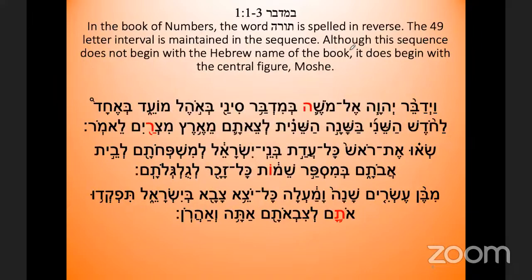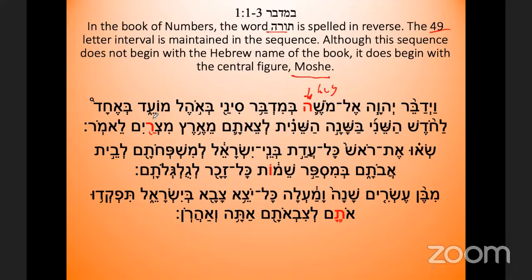And so we go to the book of Bamidbar, and we have the word Torah spelled in reverse. And it's with 49 consonant intervals again. The sequence is maintained. It does not begin with the name of the book. However, it begins with a central figure, a significant figure that we are acquainted with in the Torah, and that is Moshe. So we have the Hey on Moshe.